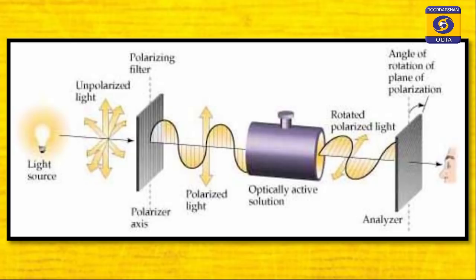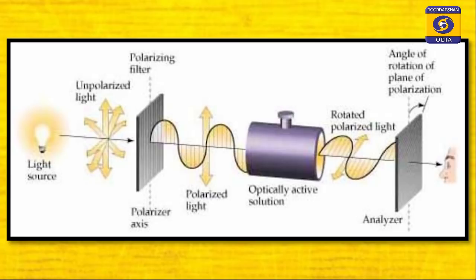When this unpolarized light passes through this polarizing filter, which is a part of the polarimeter, it gets one plane. The light is now in one plane, and this light proceeds through the compound which we are going to study. This is the tube which contains the organic compound.